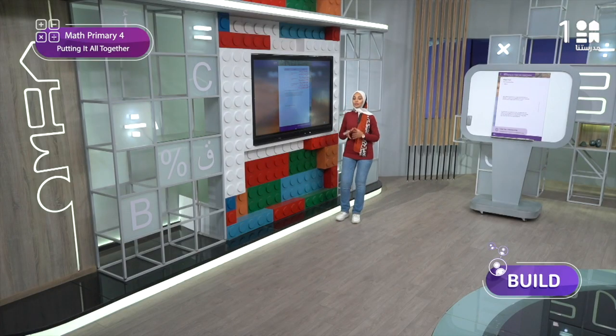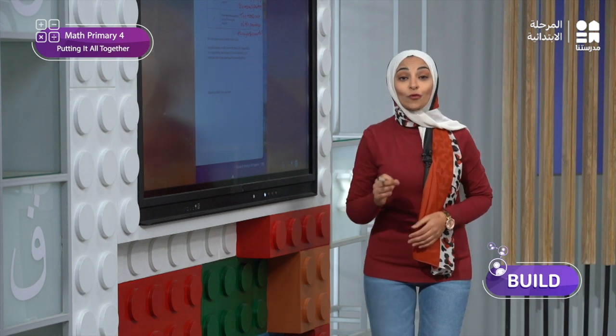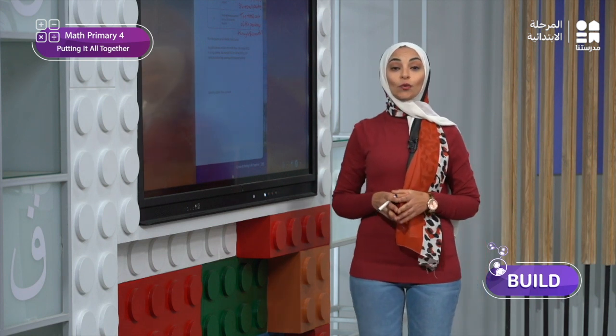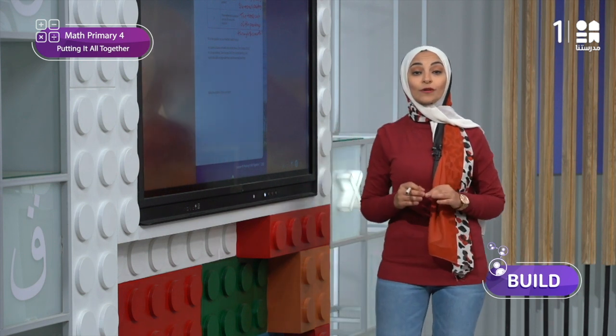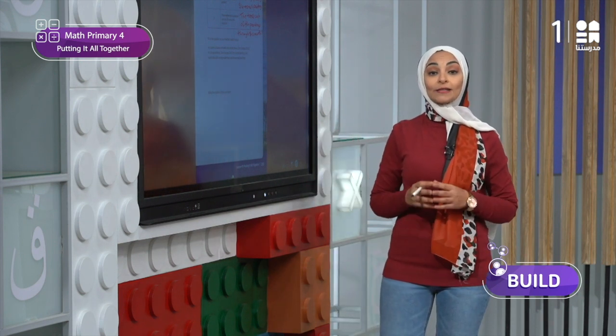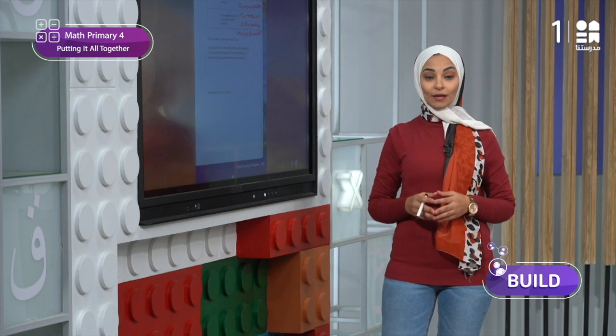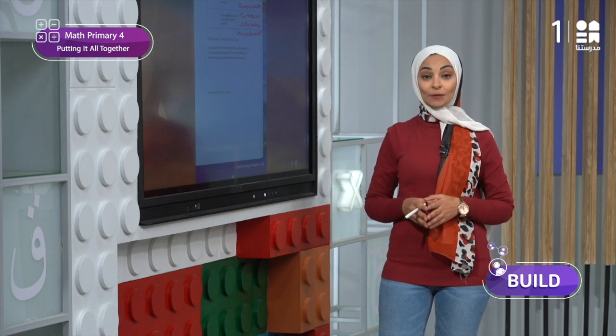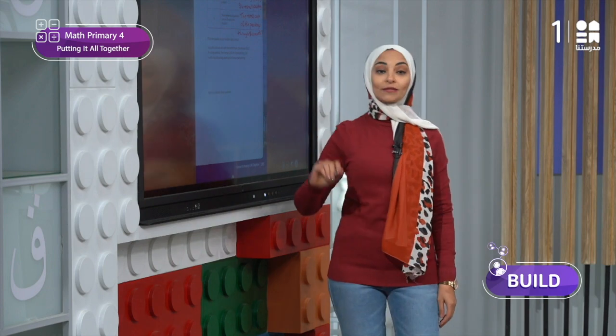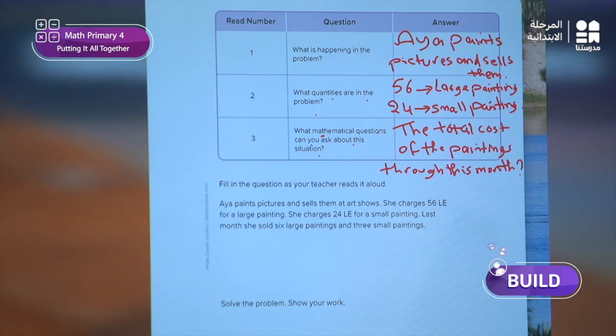Now, these are some questions we can ask for this situation. And of course, we all noticed that the last question I asked is very suitable for the information and data that I have read in the problem. Let's record it in the suitable place. So, let's write the question here. Find the total cost of the paintings sold.